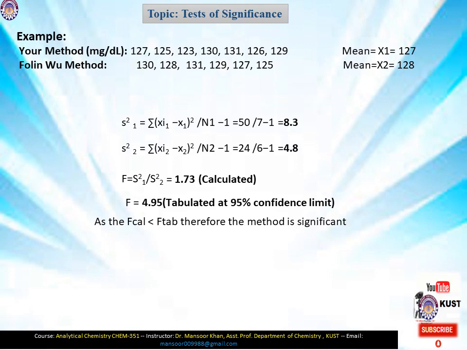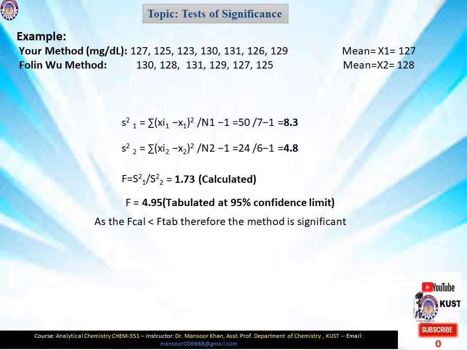Now we can apply it. First we calculate the variance of your method. The value of the variance is 8.3. The variance of the second method, the Folin-Wu method, is equal to 4.8. After calculating, F is equal to 1.73.